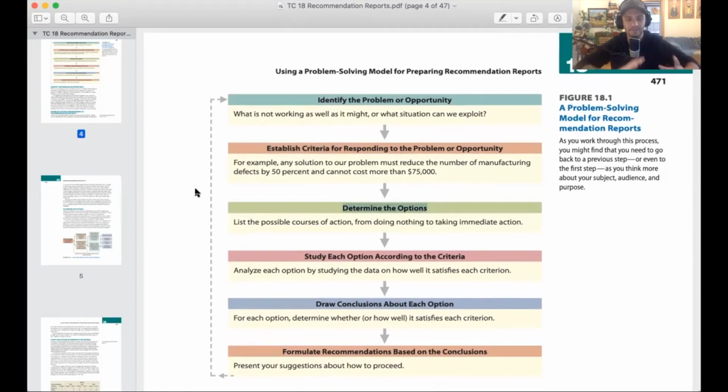One thing that's important to state here is that this is different from maybe what you did in SHSS 150 or WCS 150, where you thought of a problem. I'm not sure if you had a main topic for your class or not, but you thought, okay, gun control. All right, I'm going to argue in favor of gun control.